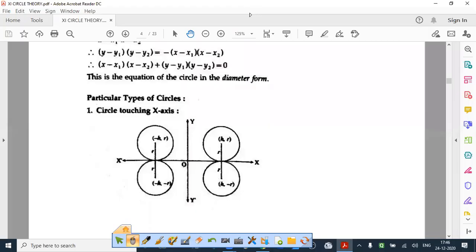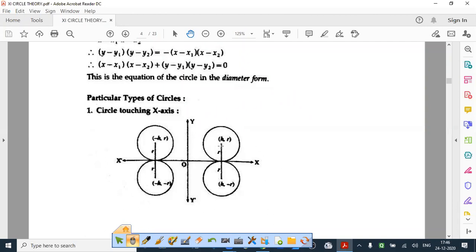Now we will consider particular types of circles. See, the first part, circle touching x-axis. In fact, there are 4 possibilities. First quadrant, second quadrant, third quadrant and fourth quadrant. Okay. If a circle of radius r touches the x-axis, then what is the y-coordinate of the center? It is plus or minus r. See, in that case, x-axis is tangent. Distance of center from the tangent is radius.